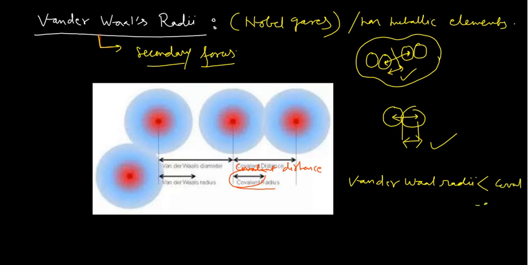So I am writing here covalent radii. So it is actually smaller. No, it is not smaller, very sorry, I made a mistake. Since there is no involvement of any bond, it should be greater. So you can see here it should be greater, right? So van der Waals radii is always greater than the covalent radii.